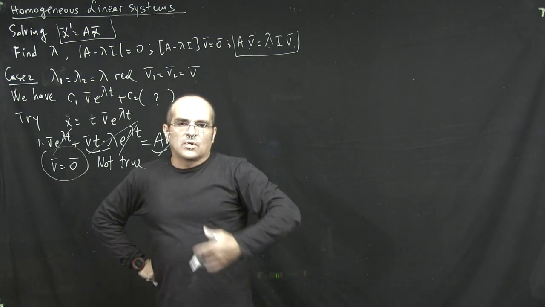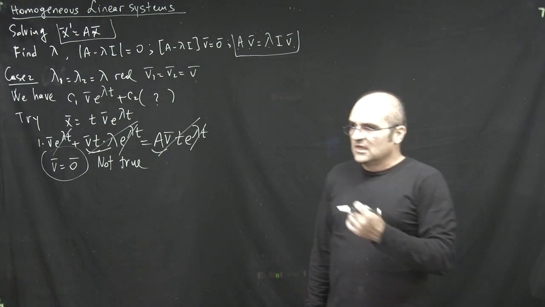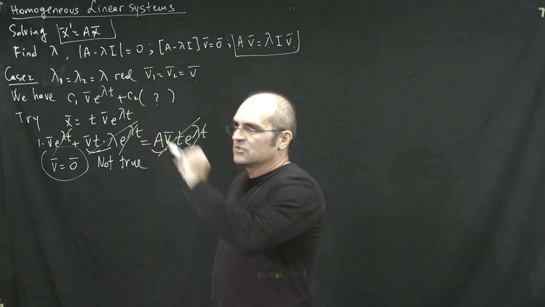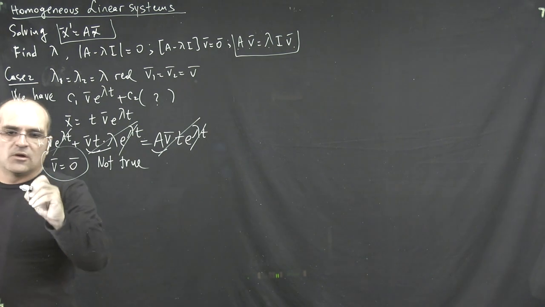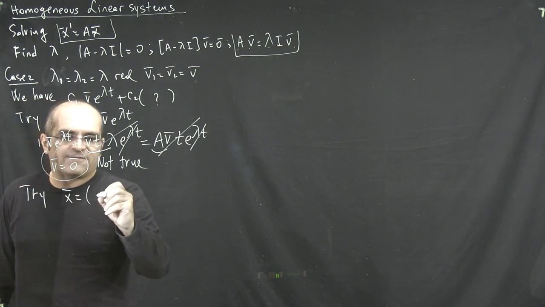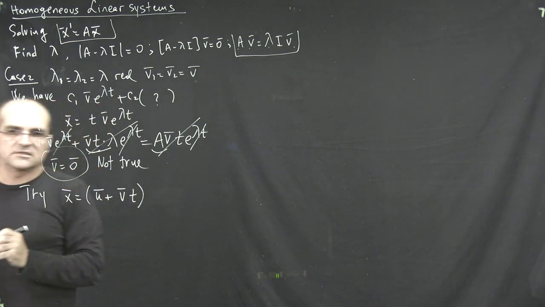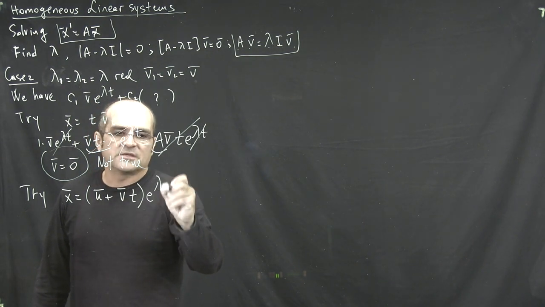So again, we're not going to move on with the actual proof, but the correct second independent solution that happens here is going to be in the form of a full linear function in t with constant vectors as coefficients, and then e to the lambda t.